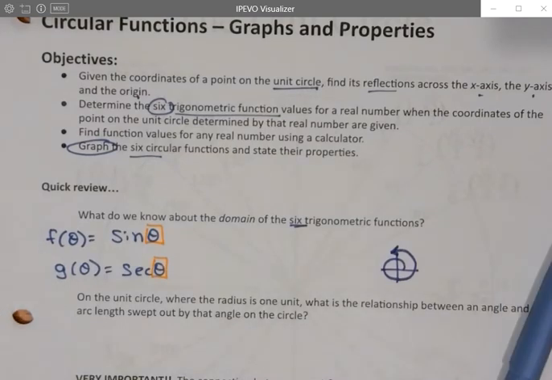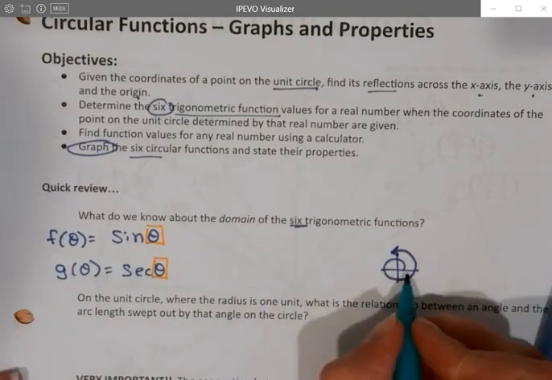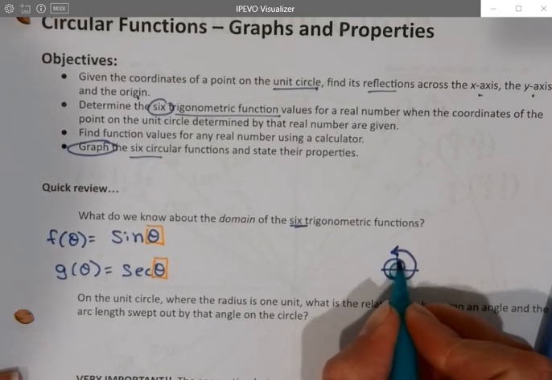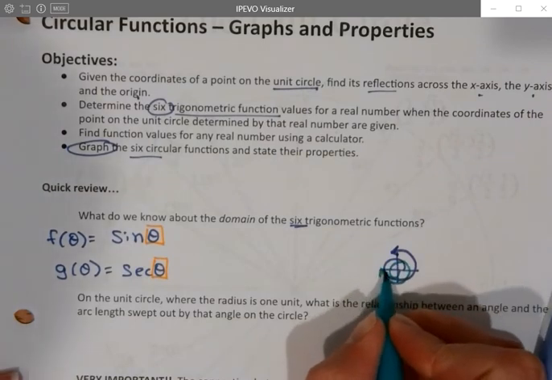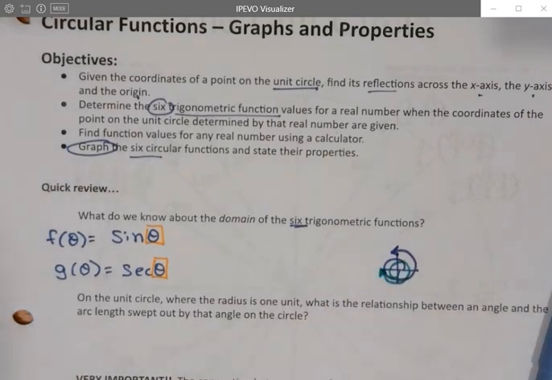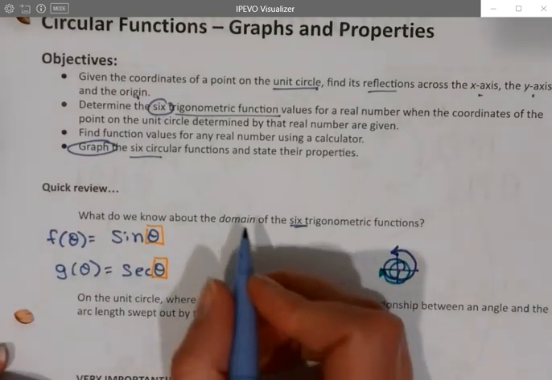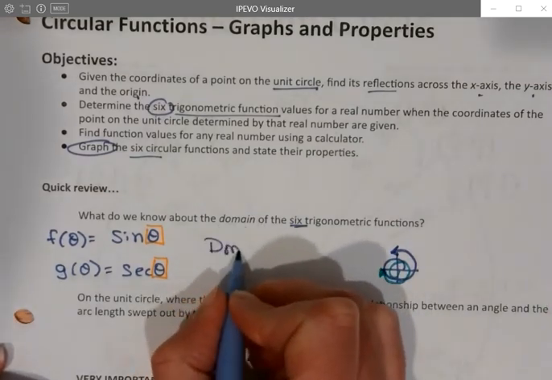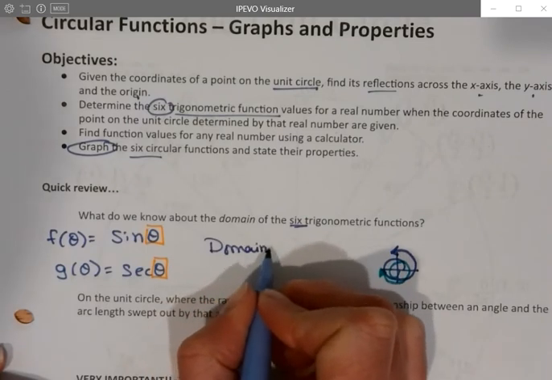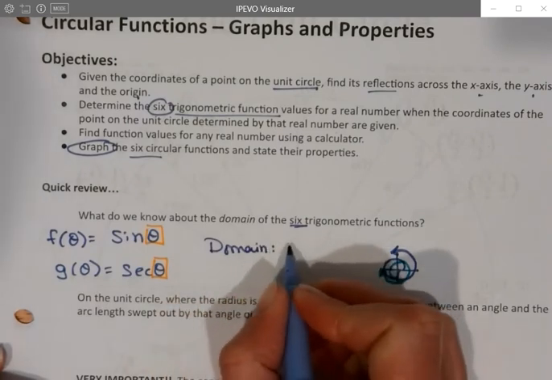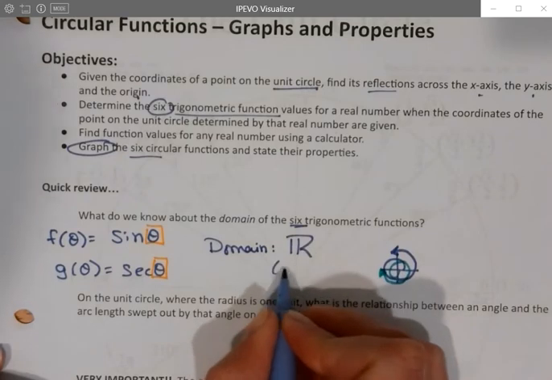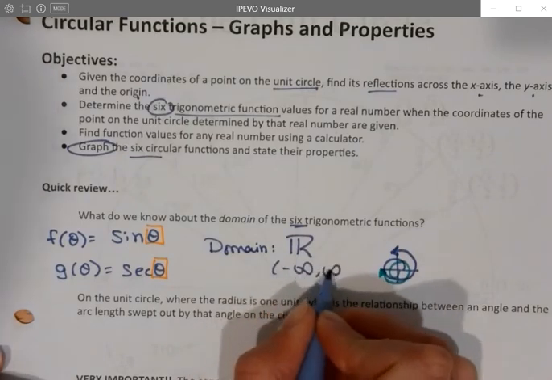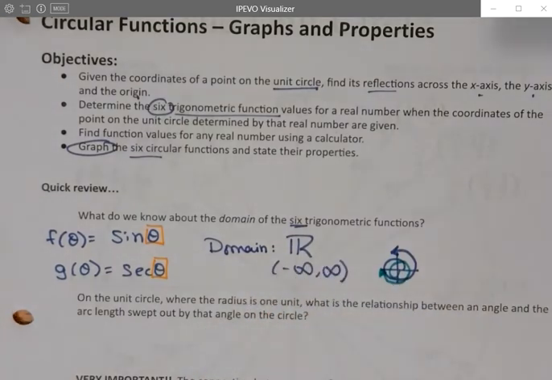We've also talked about angles that go in the negative direction, so they can also be large negative. So it's actually any positive or any negative. So the domain is going to be all real numbers for these. Negative angles or positive angles both have application. The domain is going to be all real numbers, or the interval negative infinity to infinity. Any value can be an angle.